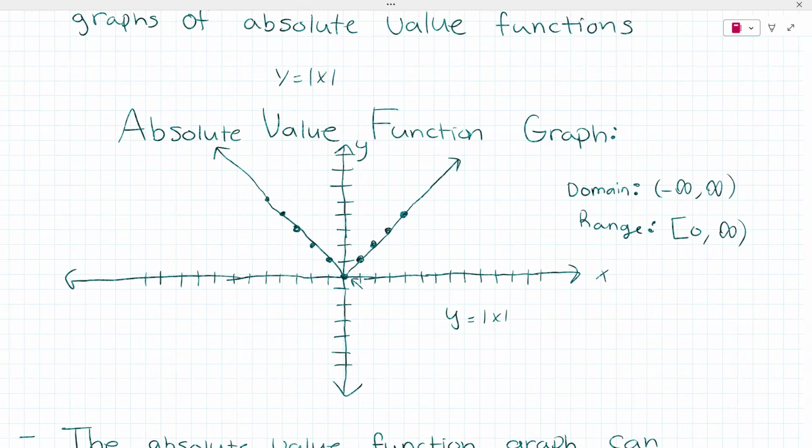A key interesting note is that if you recall, in the linear graph, they had a slope, right? It's kind of the same thing with absolute value. There's no number. How do I know? If you look at this graph more carefully, you realize that there is a slope. If you go from the origin, up one, right one, it would be at this point. And if you do it again, up one, right one, it goes to this point.